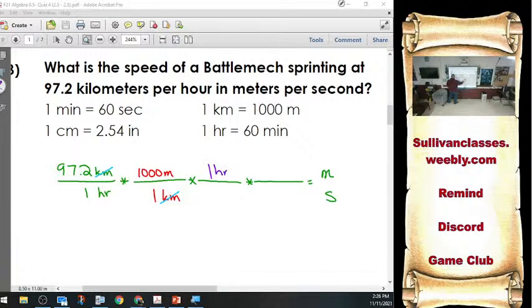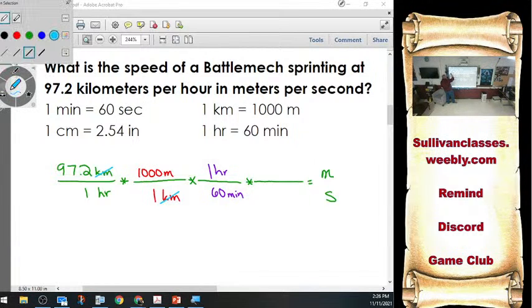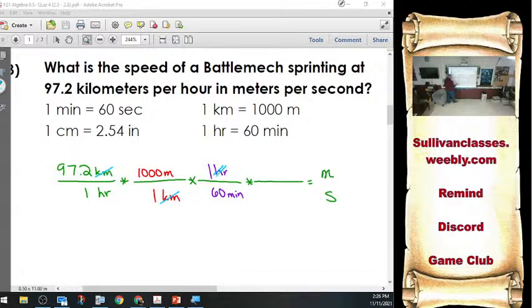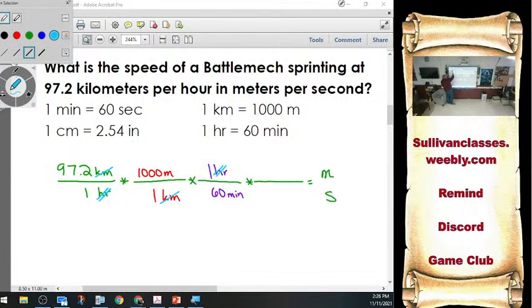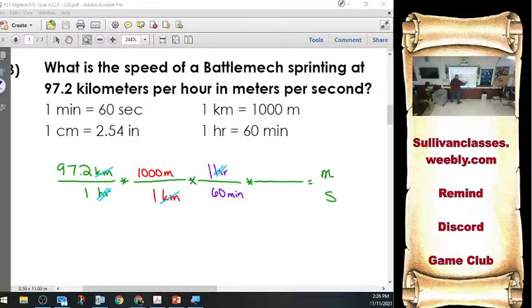One hour, 60 minutes. I do that so hours will cancel with hours. They need to be kitty corner. One on top, one on bottom. Do it again. I want 1 minute is 60 seconds. And I want to show that minute and minute will cancel.